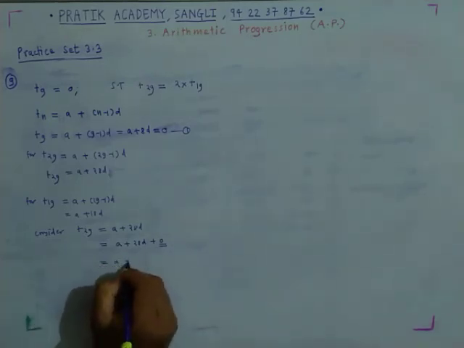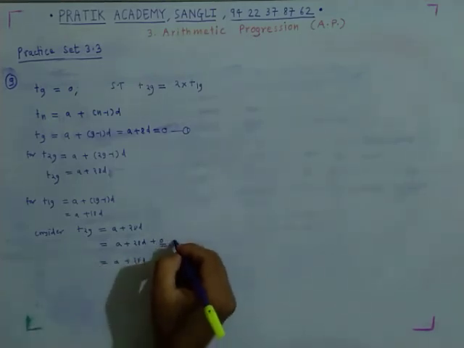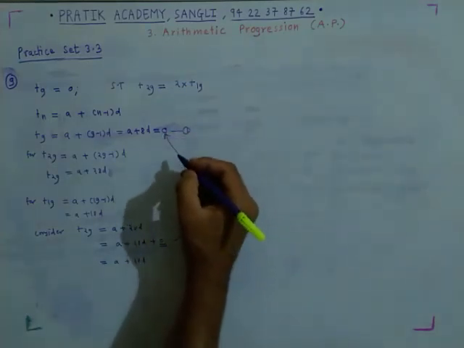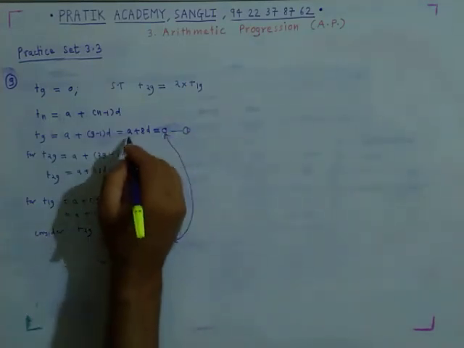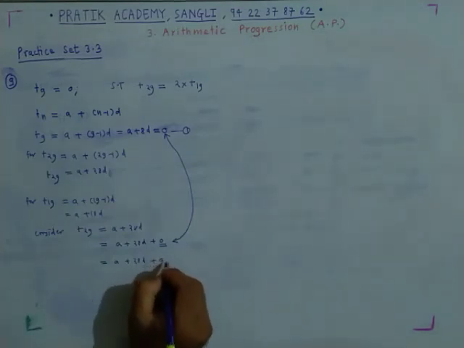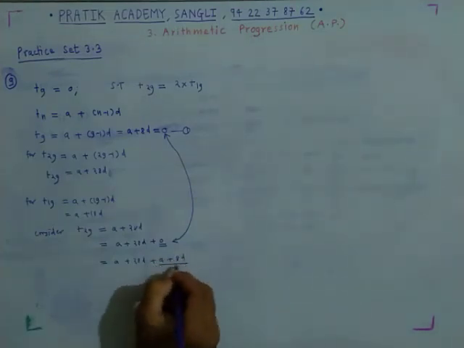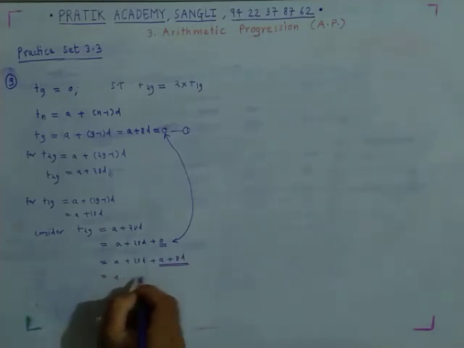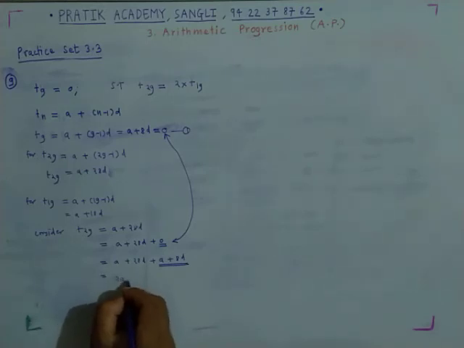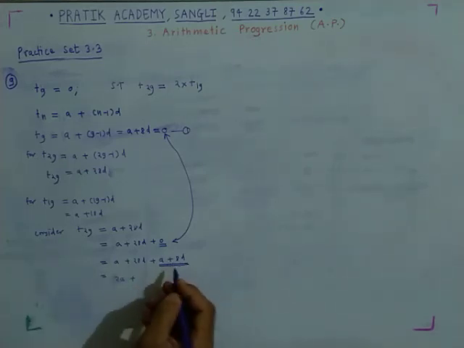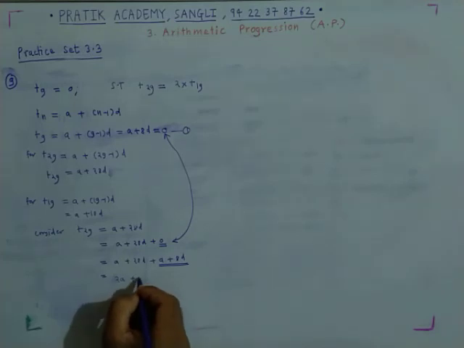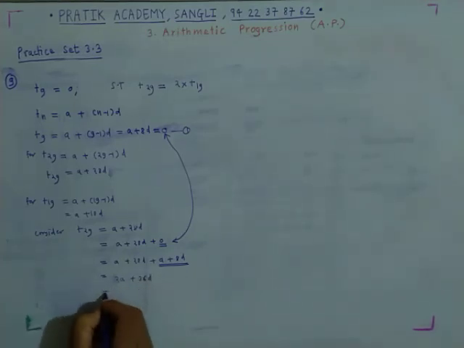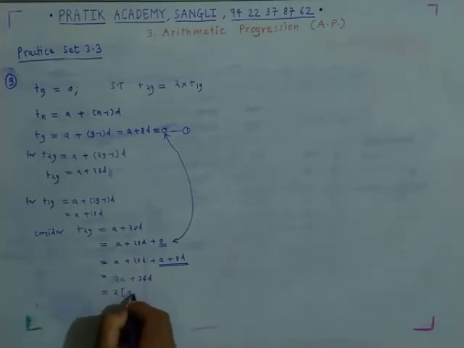But what is the value of 0? From equation 1 we can use this 0 here. a plus 8d is 0, so we can write a plus 8d for 0. That means a plus a, 2a, plus 28d plus 8d, the value is 36d. So taking 2 common we get 2 into a plus 18d.